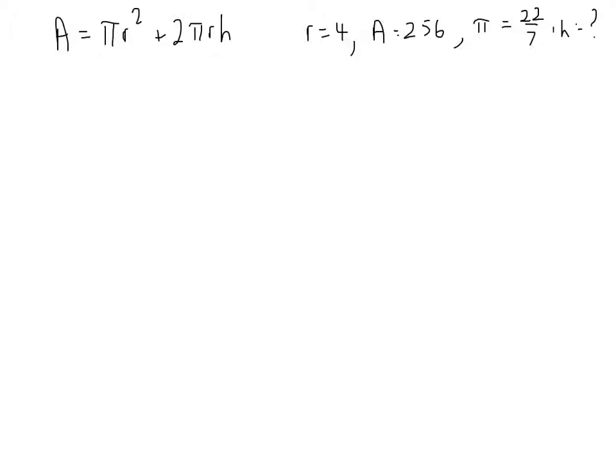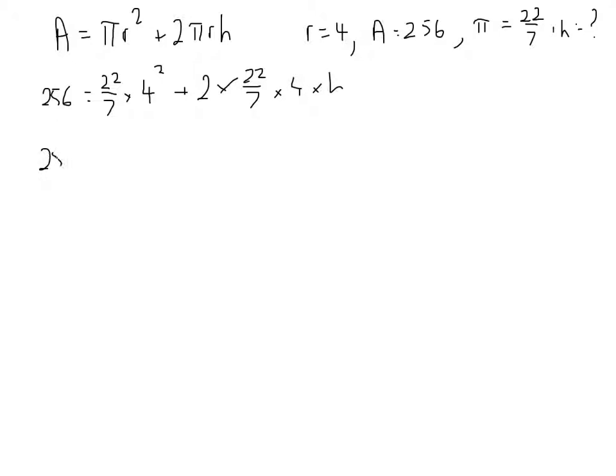So A is 256 equals 22 over 7 is pi times r squared. R is 4. 2 times pi is 22 over 7 times 4 times h.